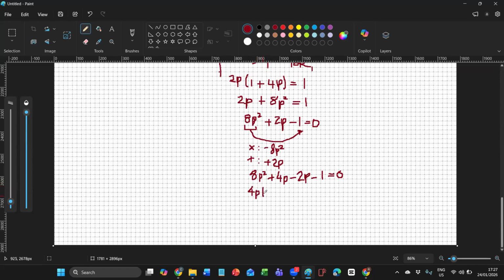Factorization is just like a playful division in your mind. That will be 2p. 2p plus what? Plus 1, isn't it? Yes. Okay, let's close the bracket.